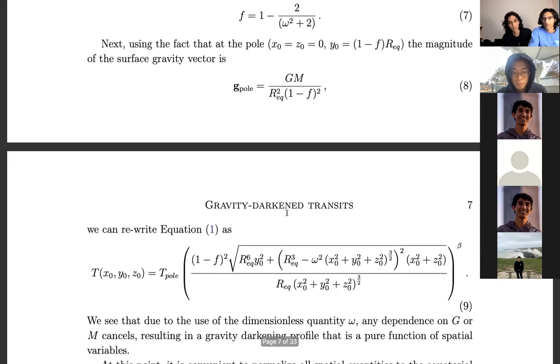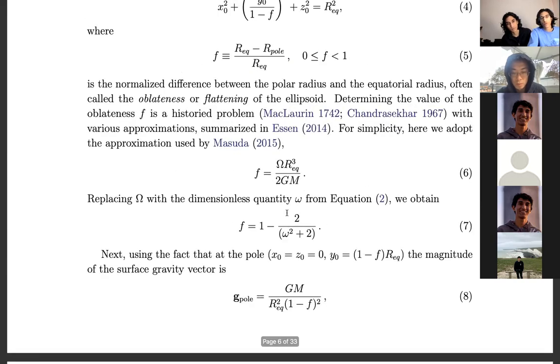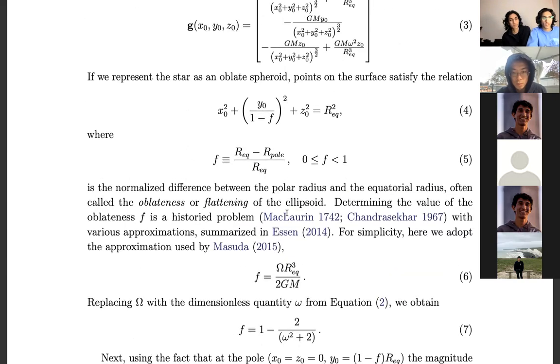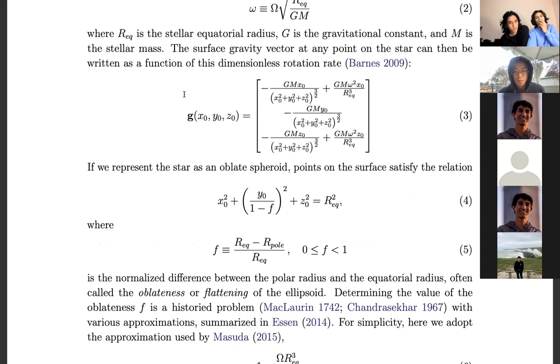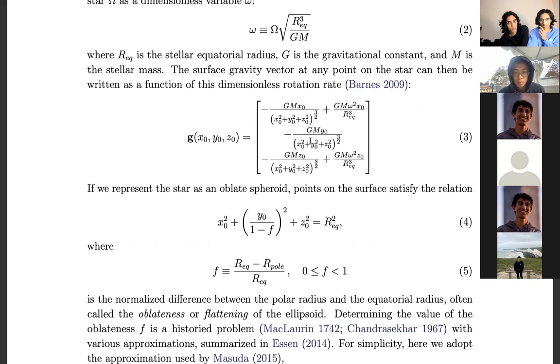Right. Yeah. And so what we can do is use the surface gravity equation that we derived, which is essentially this. This is in vector form, where this is x, y, and z. If you align the stellar rotation axis along the y-axis, the centrifugal force term only shows up in the x and the z.